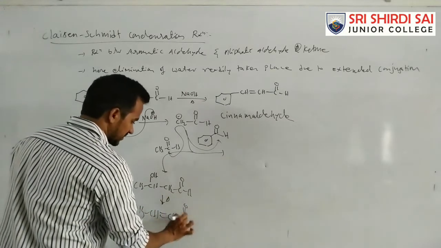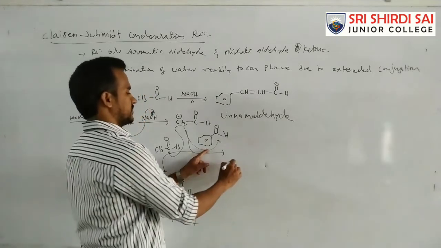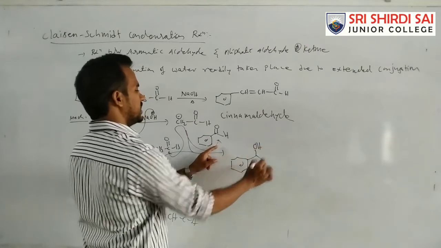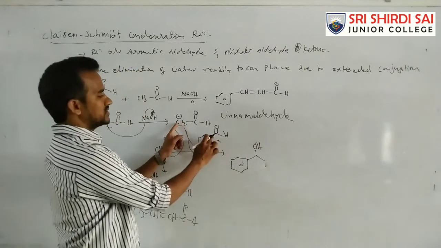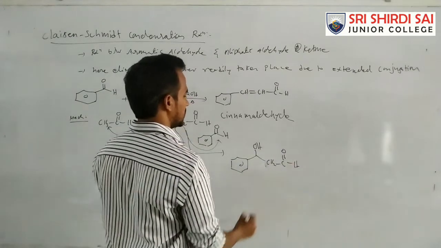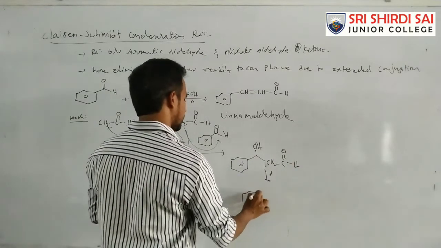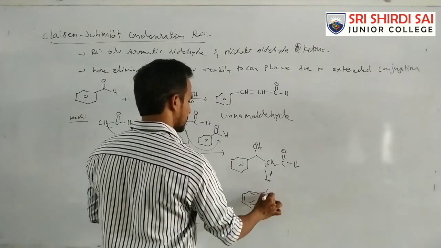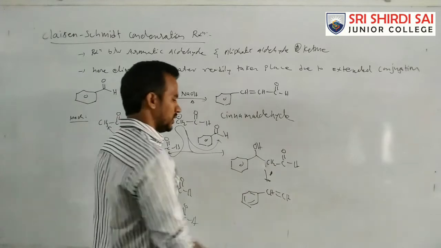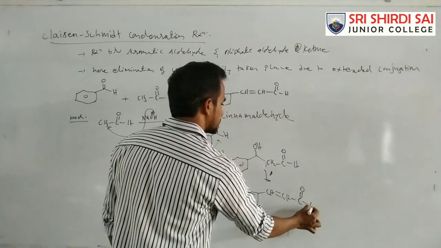Now in this case, benzene, this one becomes OH, and this carbon is bonded to CH2 and C double bond OH. On further heating, benzene, CH double bond CH, with OH and a hydrogen removed, gives C double bond OH.